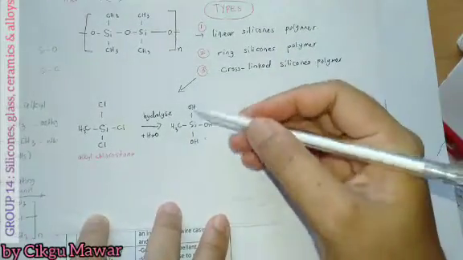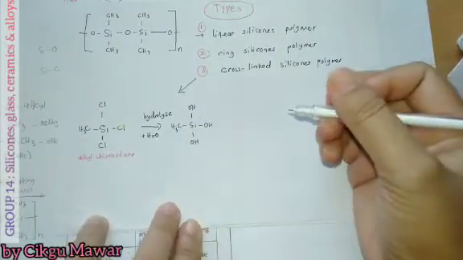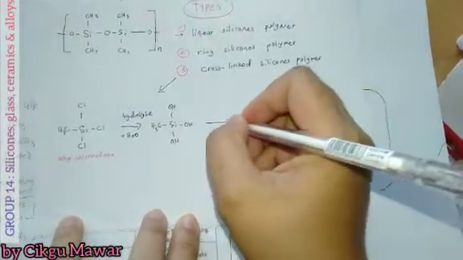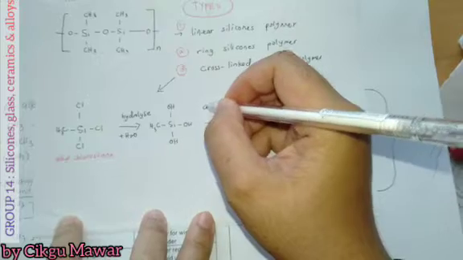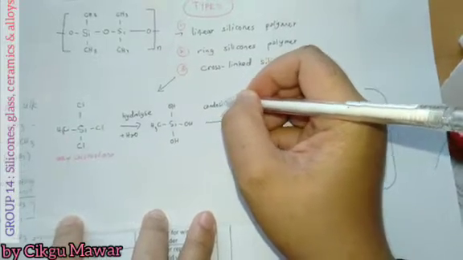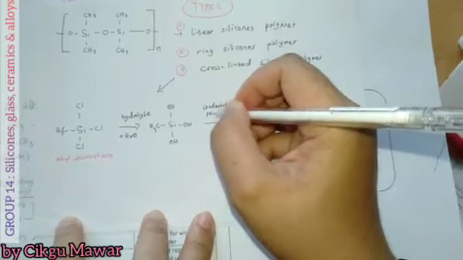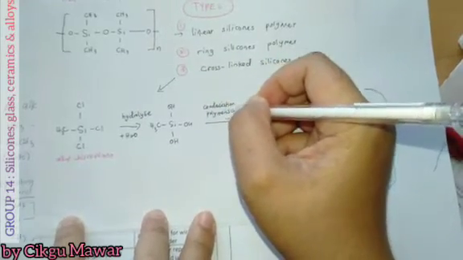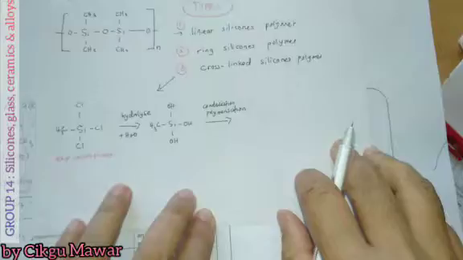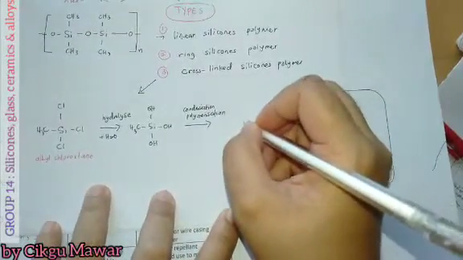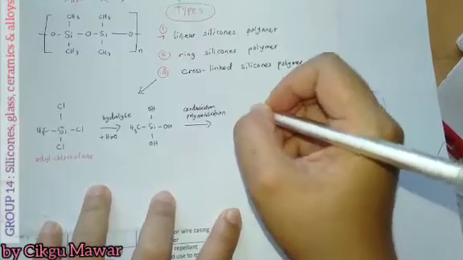Now we have 3 OH, hydroxyl compound. Now we do the condensation polymerization here.